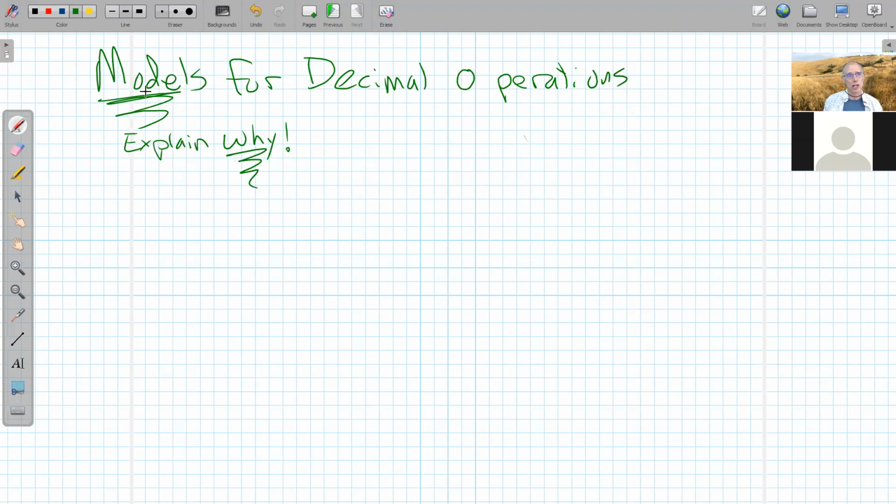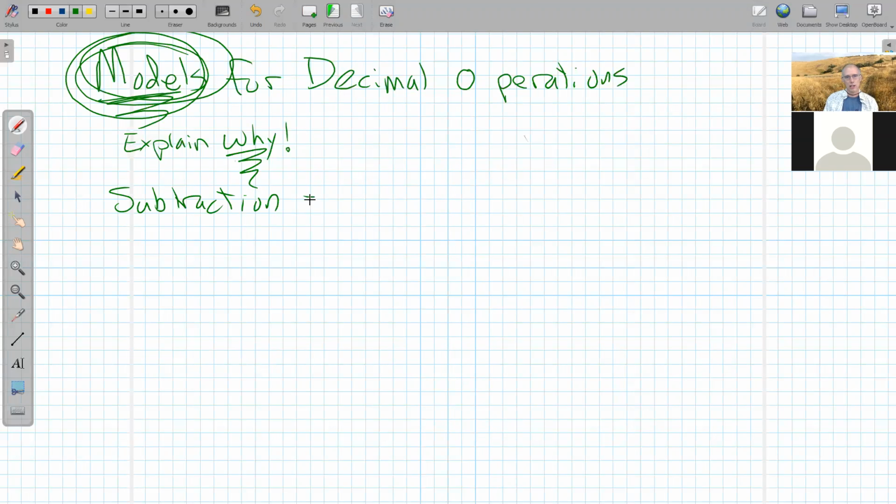And with models, I always ask you to illustrate and explain because I actually have a physical model, often the base 10 blocks. So let's look at subtraction. I'm going to take subtraction to be a comparison. The takeaway works okay too. What problem should we do?